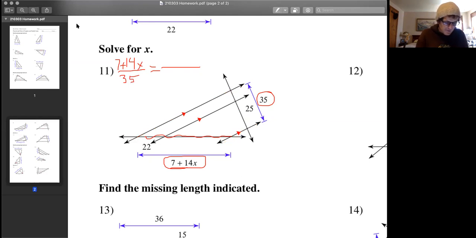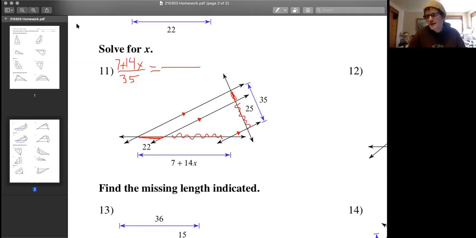But now we need to see what else corresponds in this diagram. And what else corresponds? Well, I've got this segment corresponds with this one. And I don't know one of the numbers. I've got this segment corresponds with this one. And I don't know one of the numbers there. So if I'm trying to figure out which one, I need to know one of those numbers.